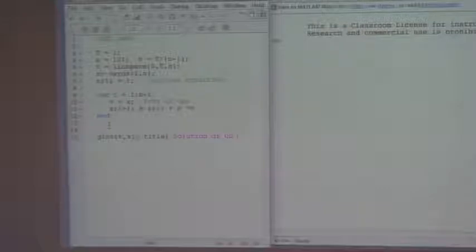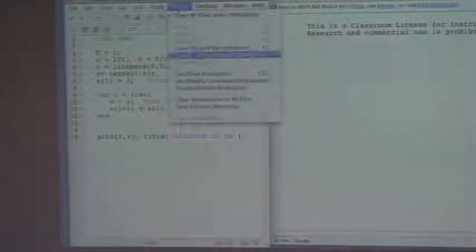I should put my name here and stuff like that, but I don't want to type too much, and we're done. We can type the execute command, which up here in debug says save and run demo. Instead of doing that, I'm just going to hit function F5, and I get my plot.